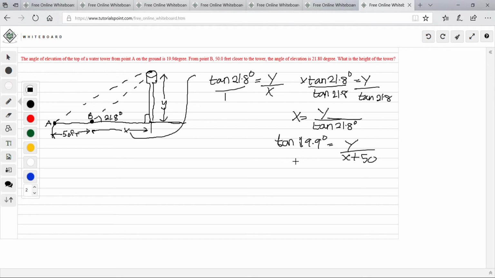Cross multiply, you get x plus 50 times tangent of 19.9 equals y.